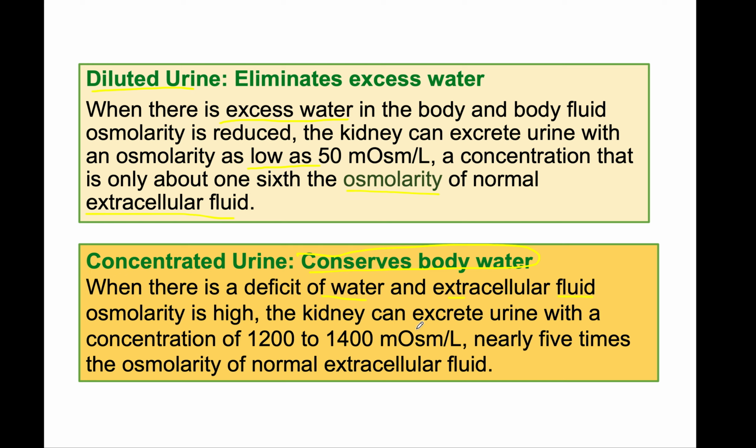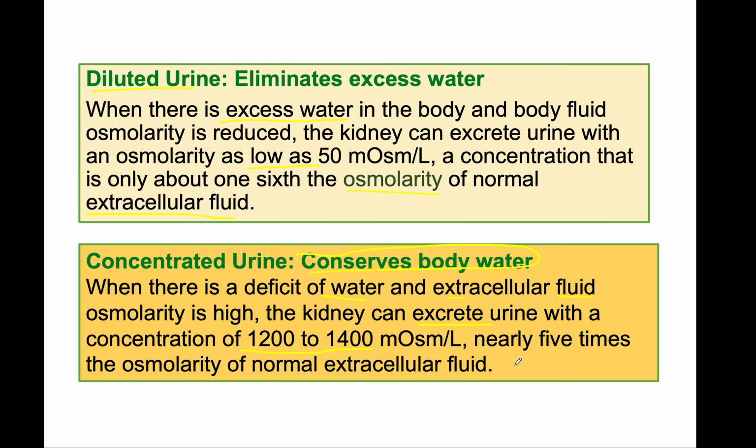So the kidneys will excrete urine which is very concentrated. Means that the amount of fluid is much less in the kidneys, and they are reabsorbed from the tubules in higher amounts.